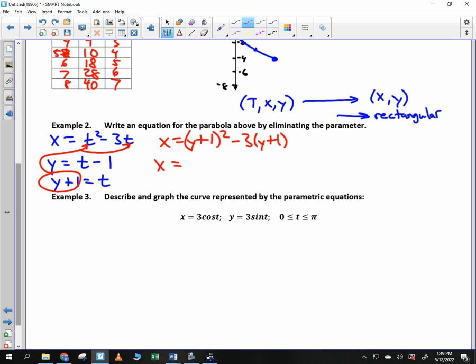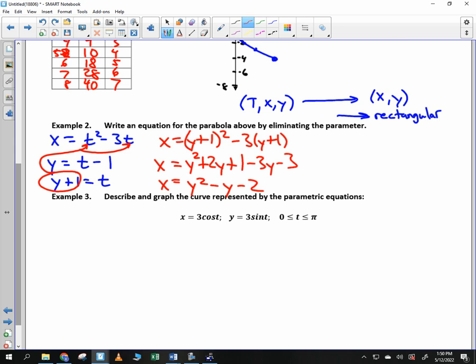So x is equal to, what happens when you square y plus 1? Y squared plus 2y plus 1, good. Minus 3y minus 3. And as we combine like terms, I get x is equal to y squared minus y minus 2.